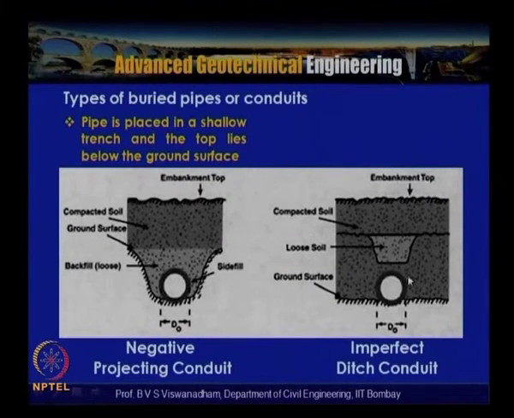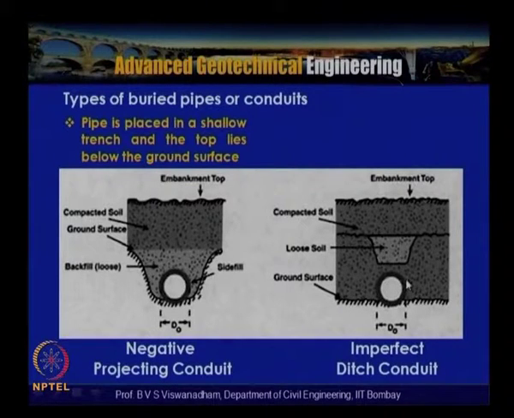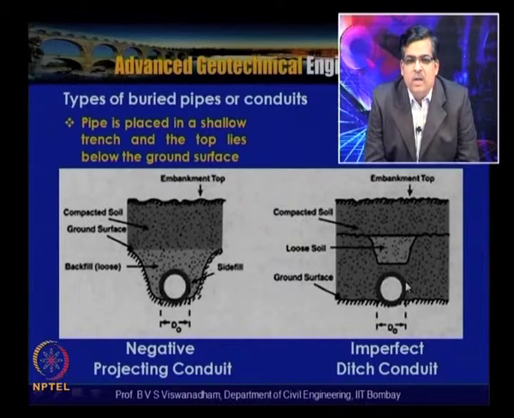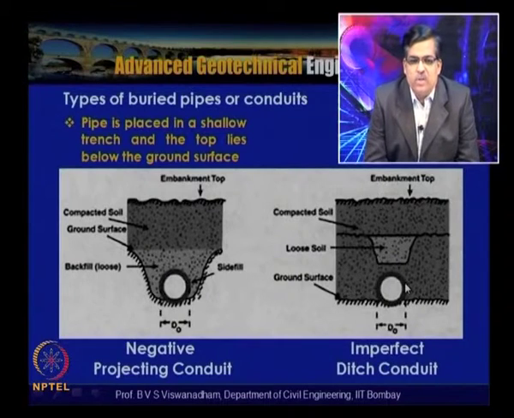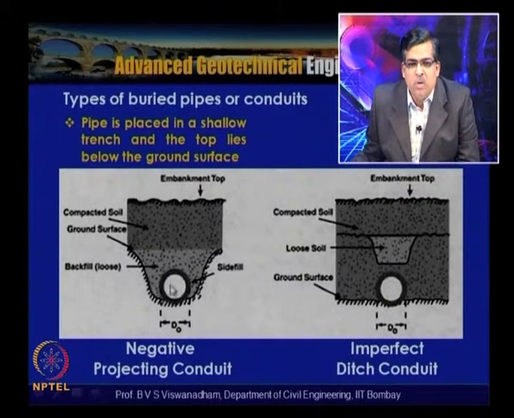In a negative projecting conduit, the pipe is placed in a shallow trench and the top of the pipe lies below the ground surface.